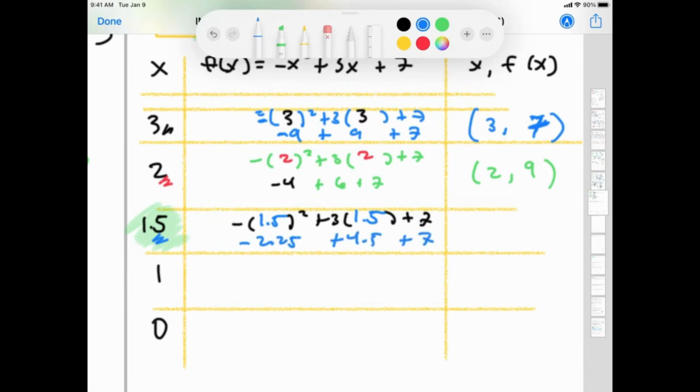Let's just double check. Negative 2.25 plus 4.5, and then plus 7 gives me 9.25. So 1.5 comma 9.25. Okay, let us go.